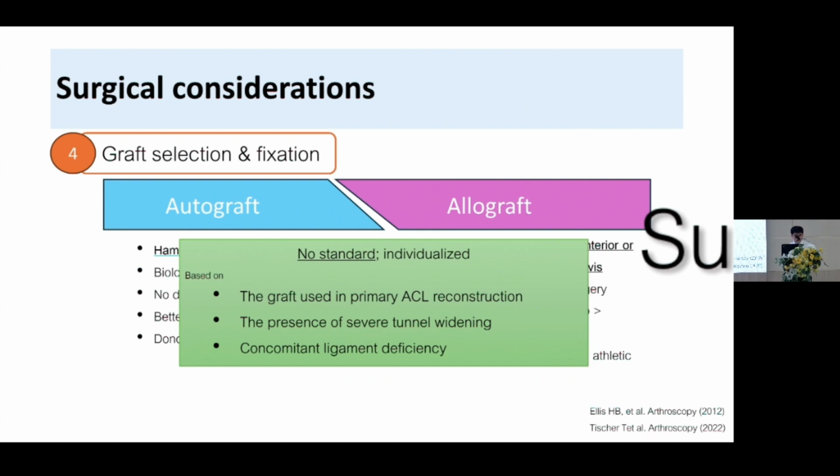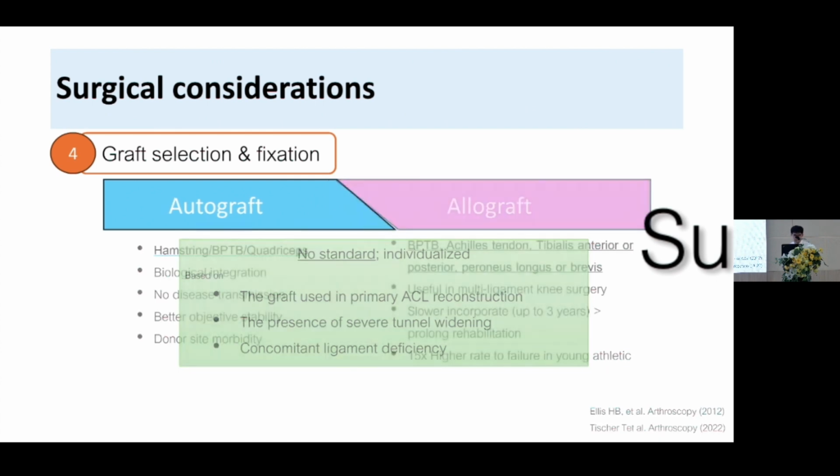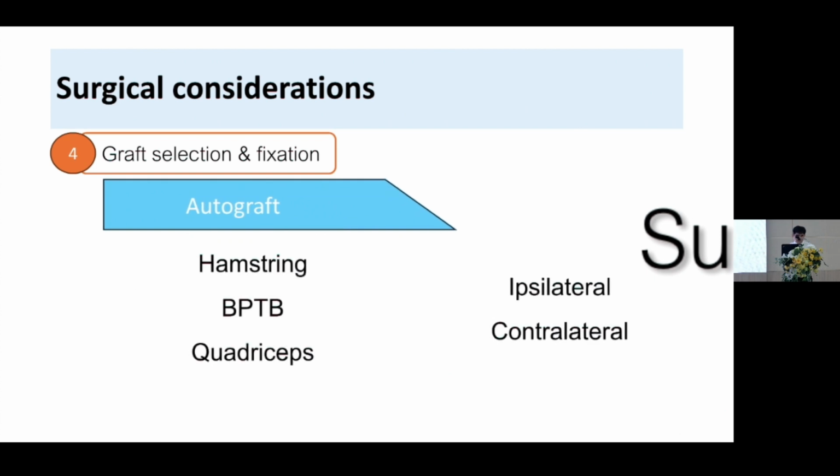So the graft used in primary ACL reconstruction, the presence of severe tunnel bone widening, and the concomitant injury deficits of ligament are the three fundamentals to determine for choosing the new graft. BPTB, hamstring, and quadriceps can also be used as a donor graft without significant difference of the clinical outcome in terms of knee stability and failure rates, both ipsilateral and contralateral side.